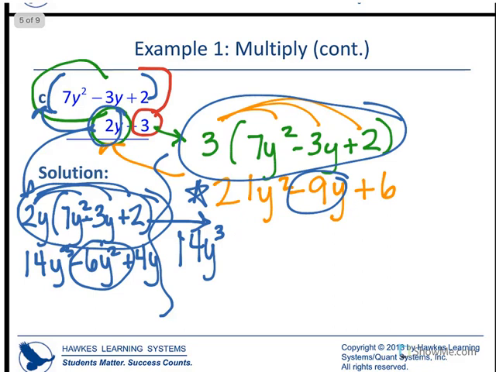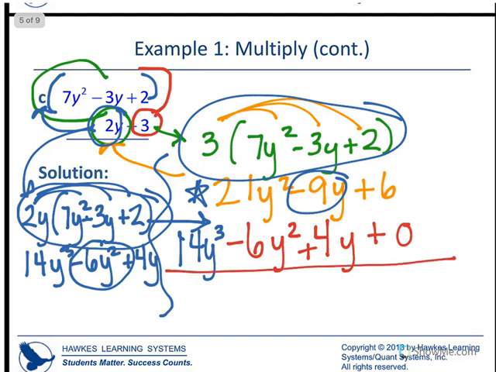I made a mistake. I was supposed to come over here and put -6y squared and then 4y. I should have rewritten it before I started trying to add it. And then remember, if there is not another term, you just put a 0. Okay, now I can go through and add it.